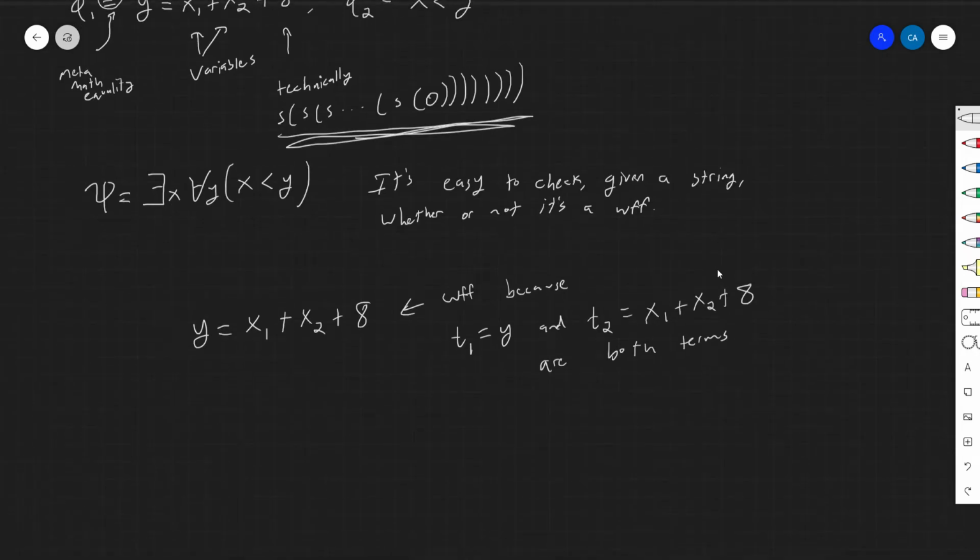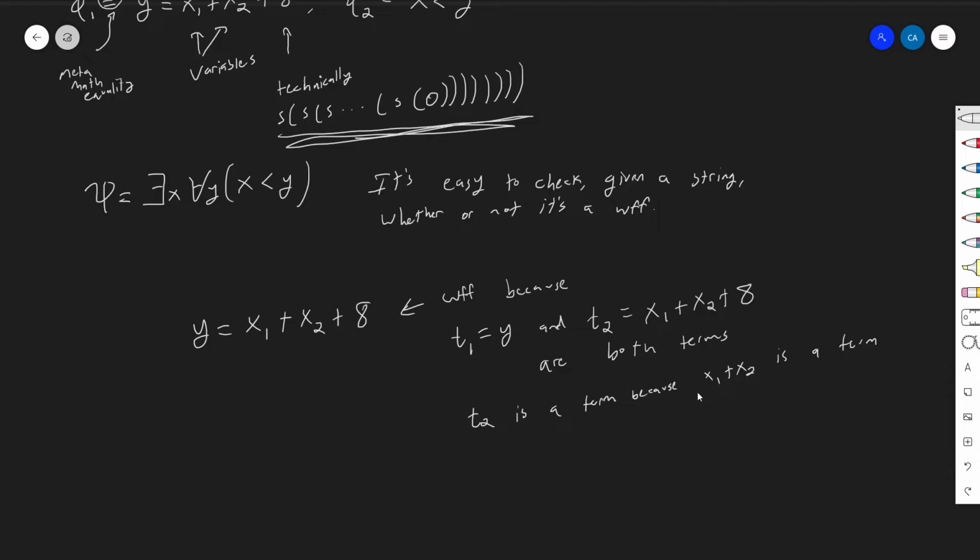Specifically, t2 is a term because x1 plus x2 is a term. I don't even need to put parentheses. Why is this a term?